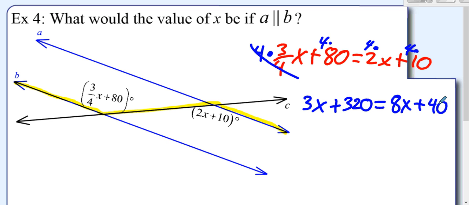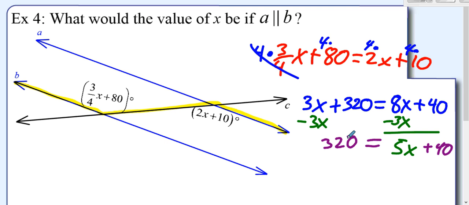So now get all your x's together in this equation, not in real life. 8x minus 3x is 5x. And then we also got to subtract that 40 over using the subtraction property of equality. Minus 40 minus 40.